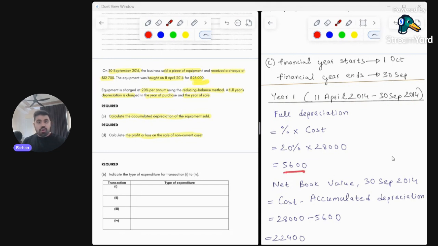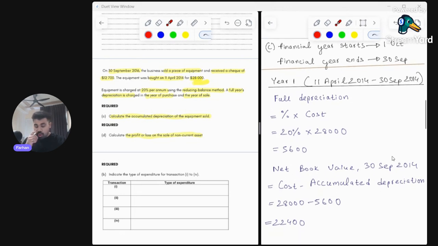Now, anytime you're using the reducing balance method, I recommend you also find out the net book value at the end of the financial year. So the net book value at the end of 30 September 2014, or at any given point in time, is simply calculated as the difference between the cost and the accumulated depreciation. The accumulated depreciation stands for the total depreciation which we have so far since the day of purchase.